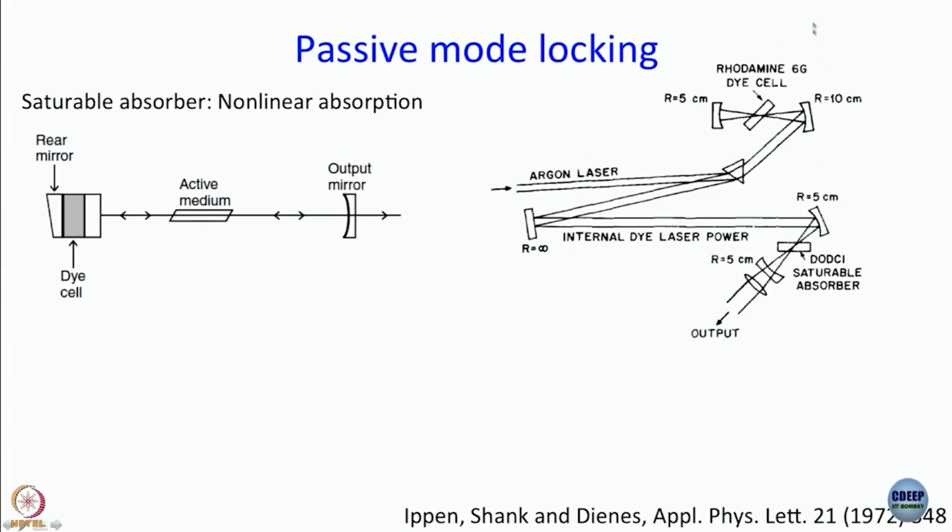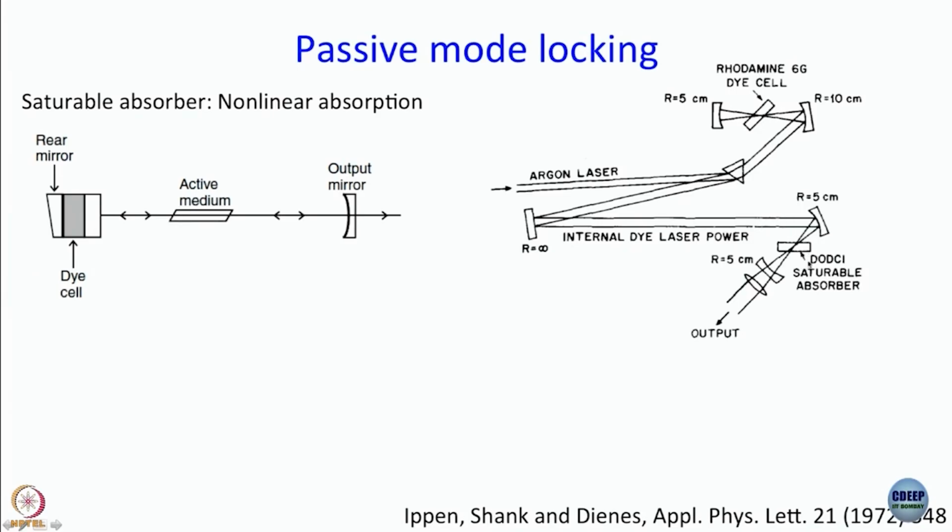Okay. So, this is the cavity. Here you have the high reflector. Well, one of these is the high reflector. Here you have the two concave mirrors, and this is where the argon ion laser is switched into the cavity by using a prism. And then this here is the cavity.